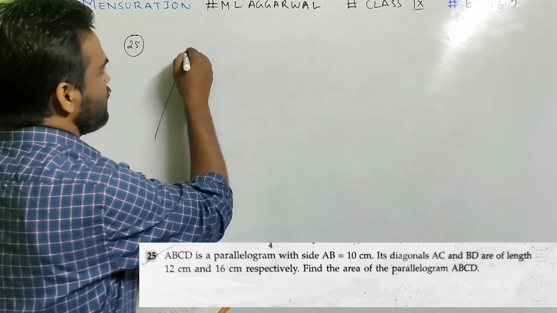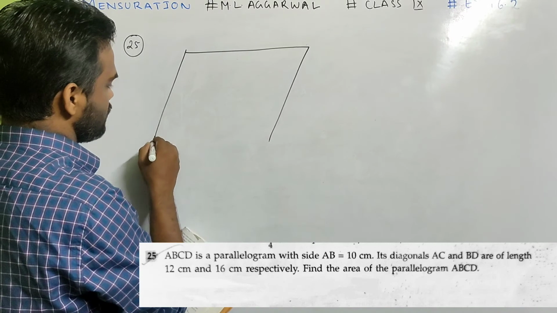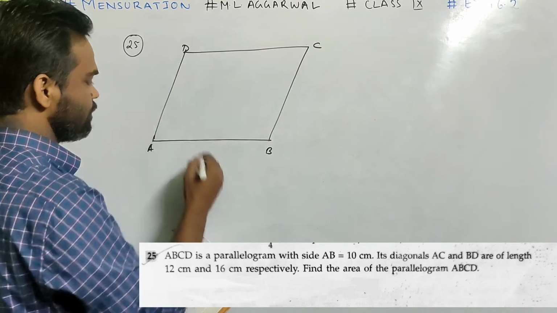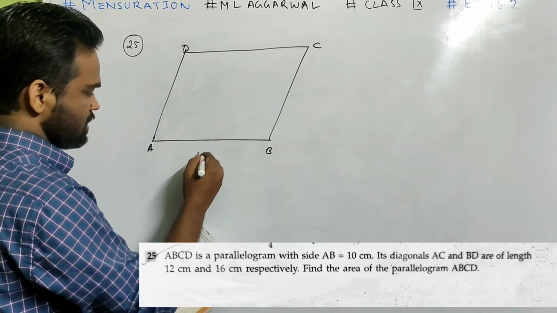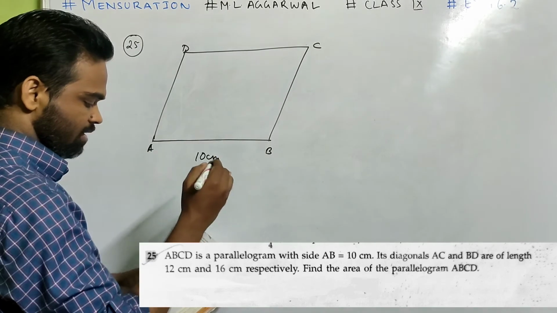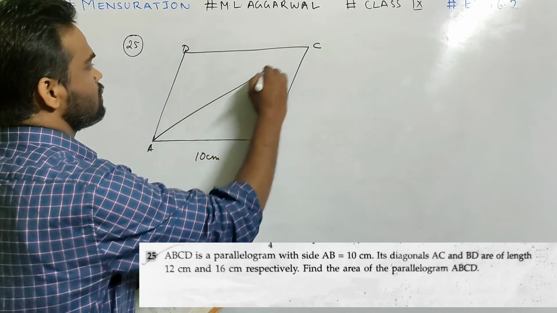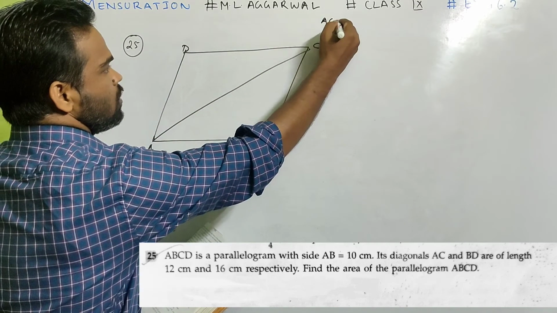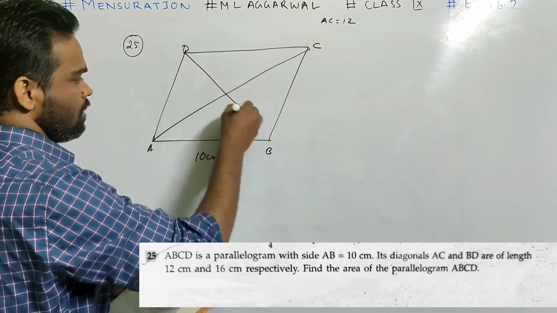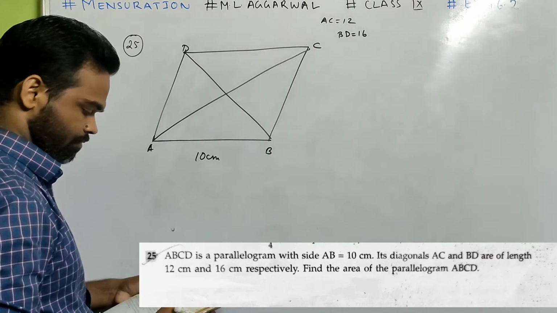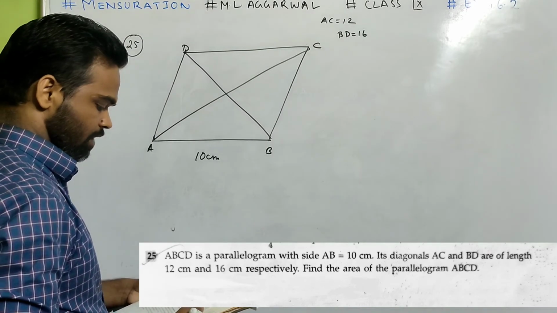Which means you have a parallelogram ABCD. AB is 10 centimeter. Its diagonals AC and BD are of length 12 and 16. So AC is 12 and BD is 16. Yes or no? This is 16. Yeah. Find the area of the parallelogram.